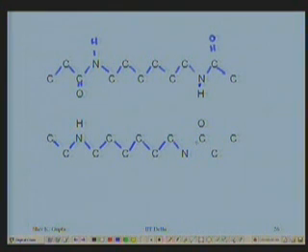I have not shown the side hydrogen groups, 2 of them, which will be there for each one of these carbons. See, nitrogen has 3 bonds, one hydrogen, one with carbon, one with carbon. Oxygen has a double bond with this carbon. Similarly, here this oxygen has a double bond. This is my linkage.